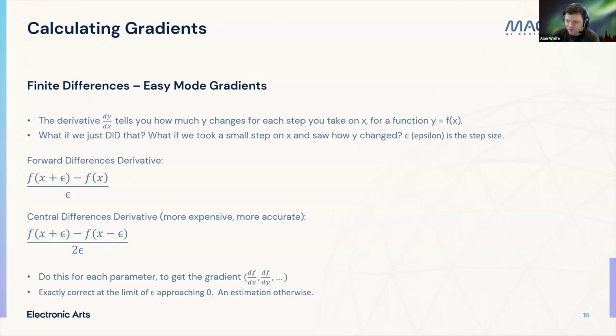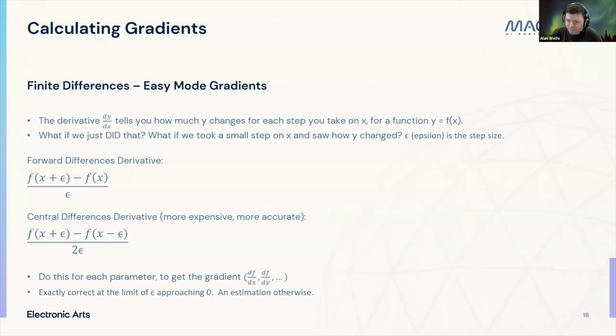And so it can be kind of a delicate act trying to find the right epsilon for your usage case. And so that's forward differences, but there's actually something else called central differences. Instead of only taking a step forward on x, you also take one backwards. And so now you have 2 different y values that surround where you are on the x-axis, and you divide by twice the step distance. This is more expensive, but it's also more accurate.